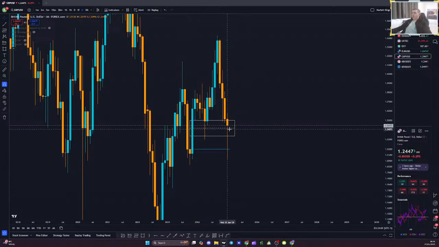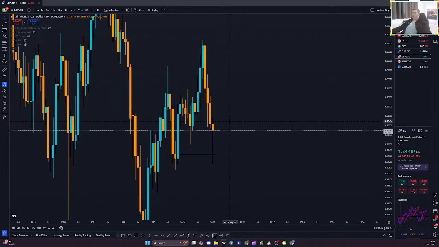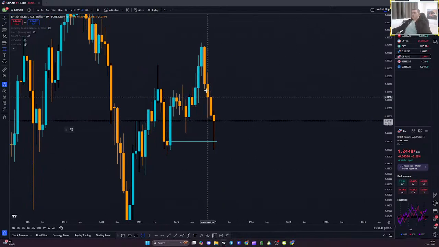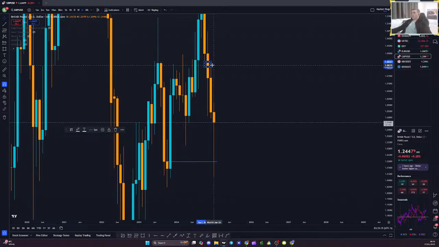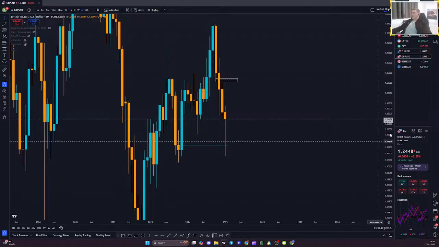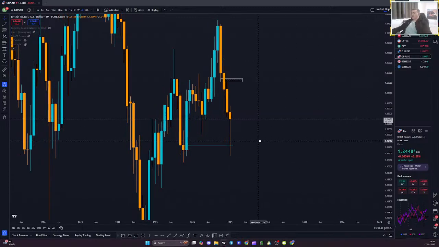I want to see if we manage to close at least above the 50 or maybe even outside of it. That's going to give us bullish vibes, and then possibly I want to see us trade into this monthly fair value gap. But first we need to see how this week closes.